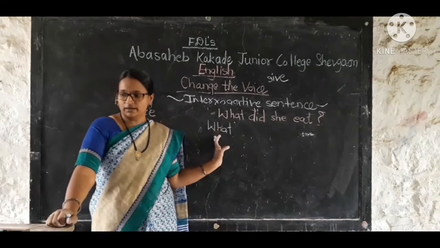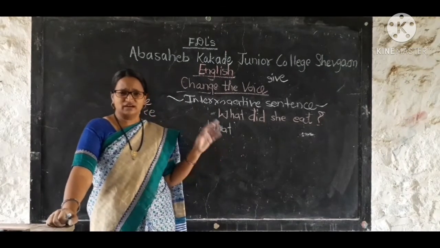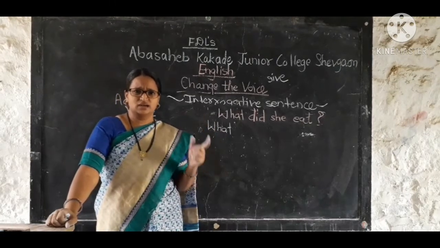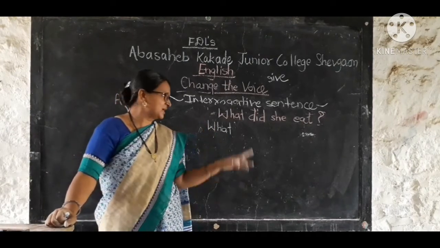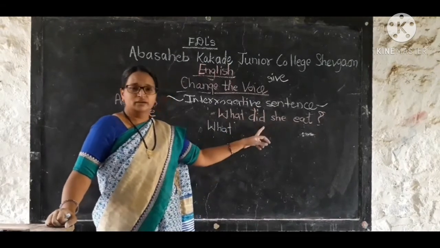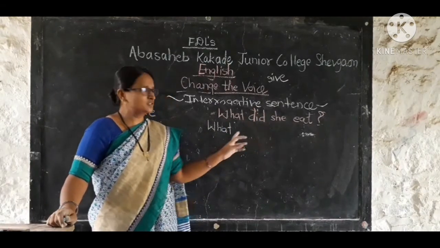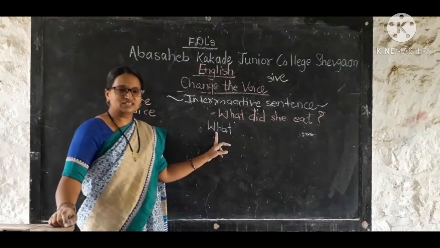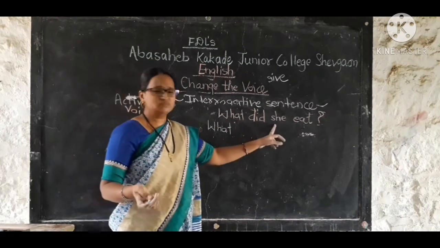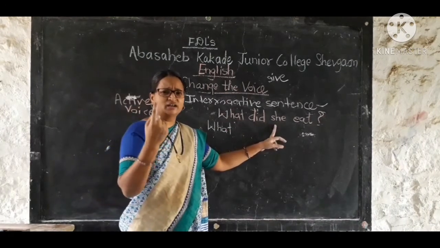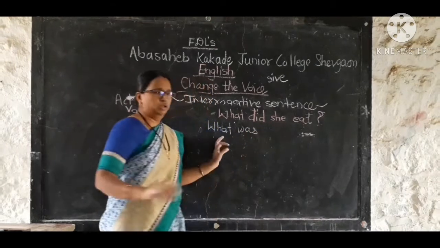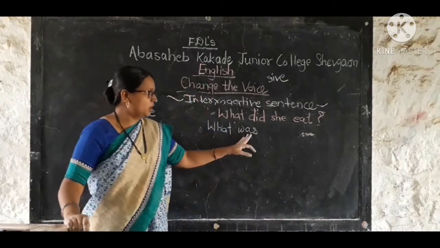So what, then next we have to use a helping verb according to the tense. Here did means it is past tense. So we use was or were. She is a singular pronoun, that's why here we have to use was.